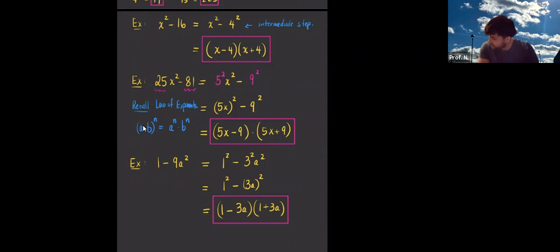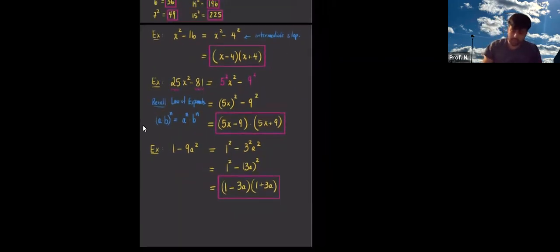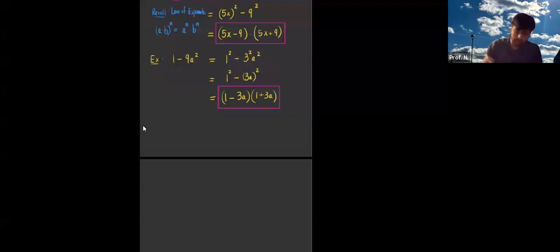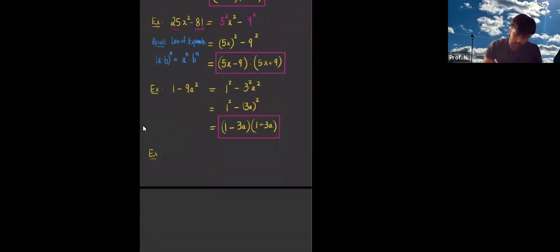Okay, and so I'll give you a few more. Because this stuff can get kind of tricky, actually, as you get into more complex expressions. So what happens when I get something like this? 64 minus x squared y squared.